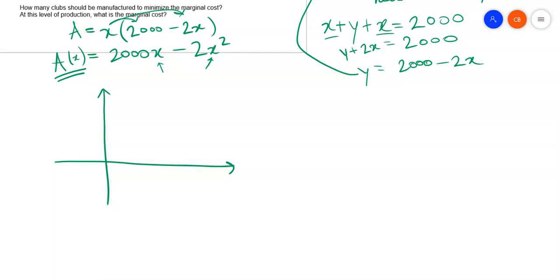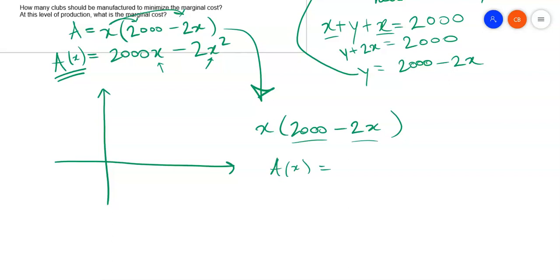So we actually need this function the way that we had it before, which was x times 2000 minus 2x. Then both of these terms are divisible by 2, so we can take out the 2 as well. And we will end up with our function A of x is going to be 2x times 1000 minus x.